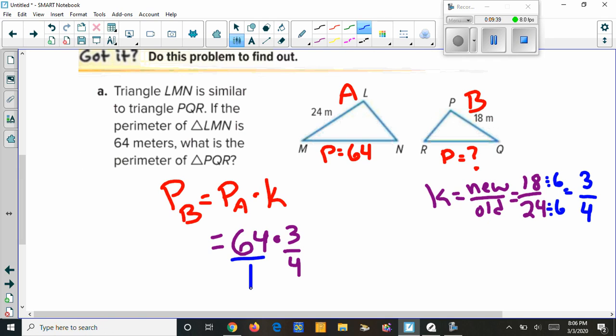I do have to check my calculator to make sure I do this right. The 4 and the 64 can both be divided by 4, leaving me with 1 in that denominator, and 64 will become 16. So I need to solve 16 times 3, that's 48, divided by 1, which is equal to 48 meters.